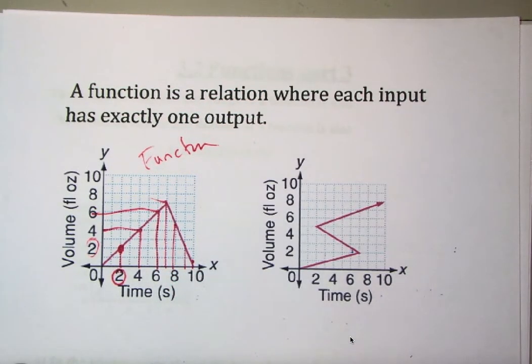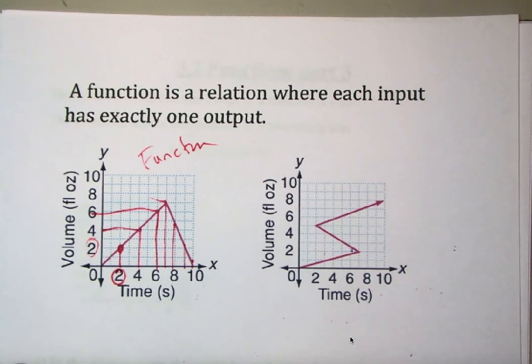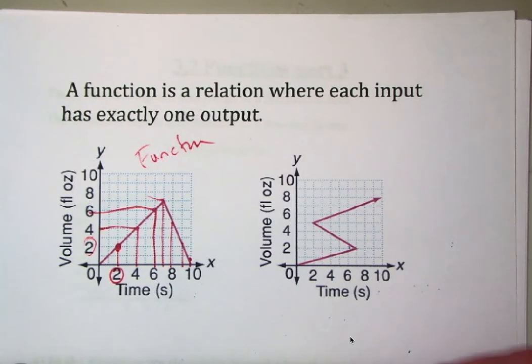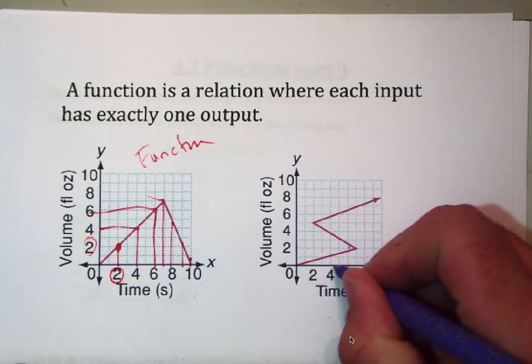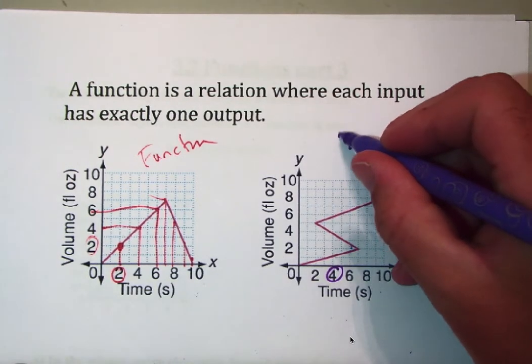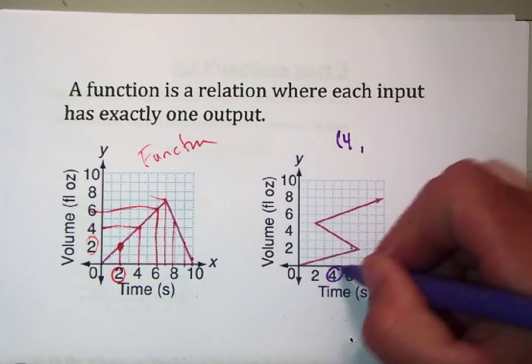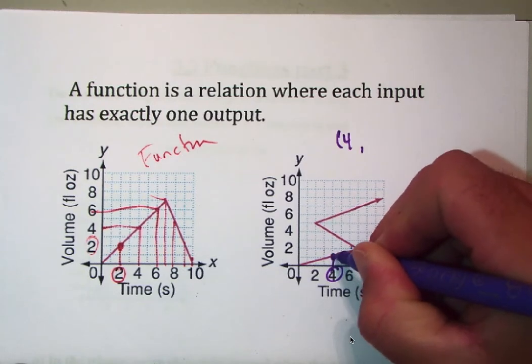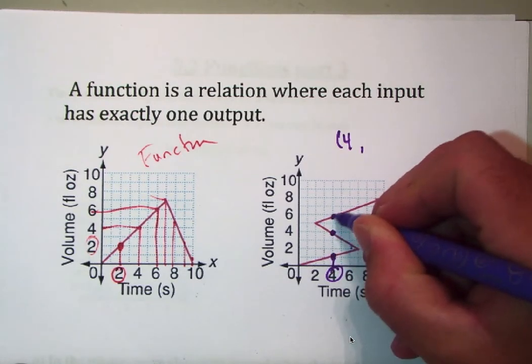This one is not. Can anyone tell me why this is not a function? With the definition is each input has one output. Can anyone show me why this breaks the function rule? And a lot of people choose the number 4 for some reason. So if you look at 4 as an input, it has 1, 2, 3 outputs.